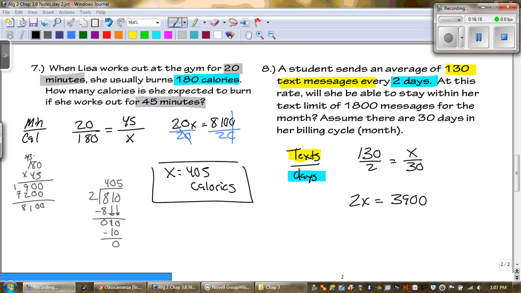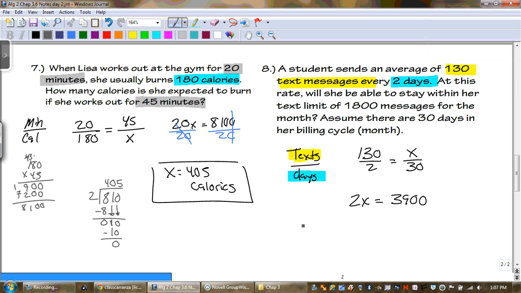Okay, so going through this, I got to the part where it was 2x equals 3,900. But you have to take the 3,900 and divide it by 2. How many times does 2 go into 3? Once. And then we drop down the 9. How many times does 2 go into 19?